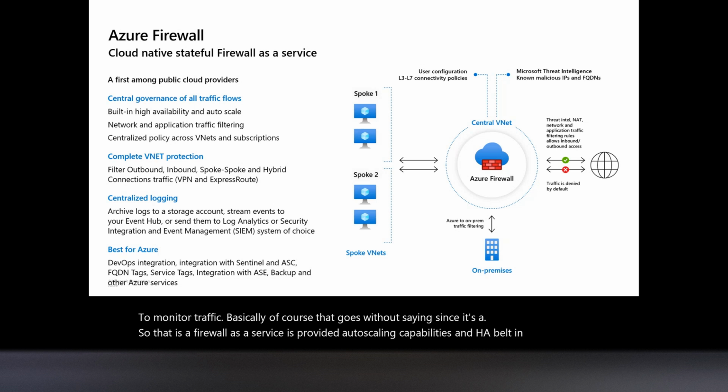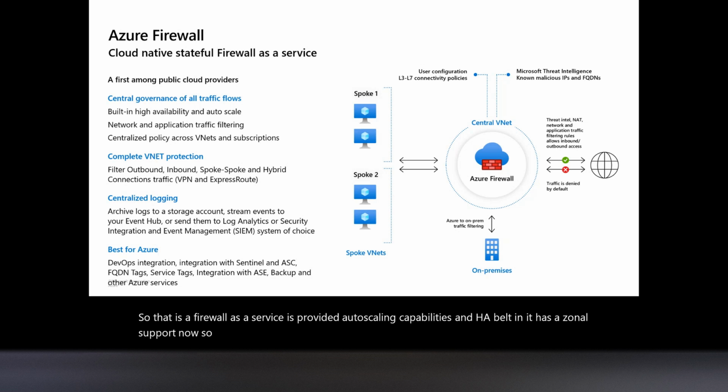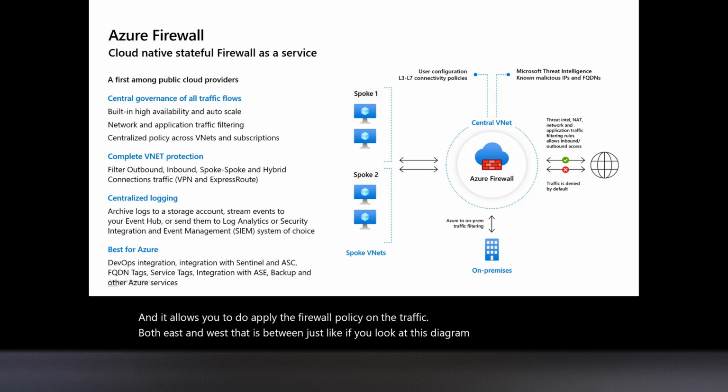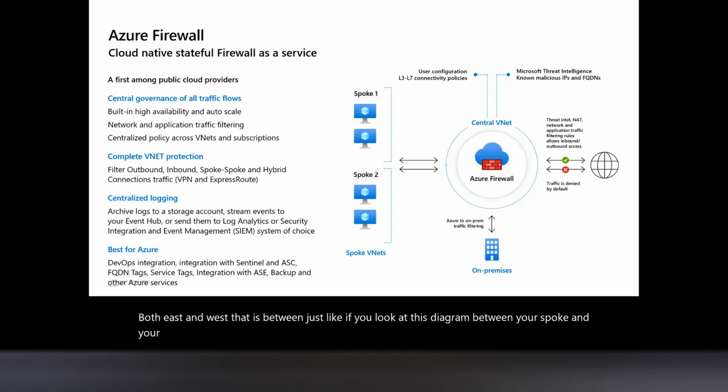It has zonal support now, so if you have availability zones where the region is available, you can have that as well. And it allows you to apply the firewall policy on the traffic both east and west. That is between, if you look at this diagram, your spoke and your central VNet, or from on-prem into your central VNet, or vice versa, inbound as well as outbound.